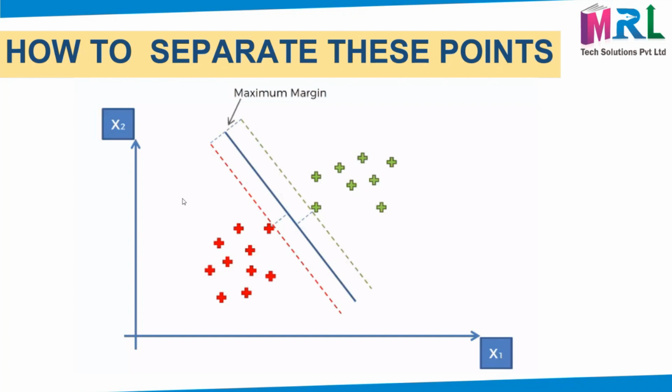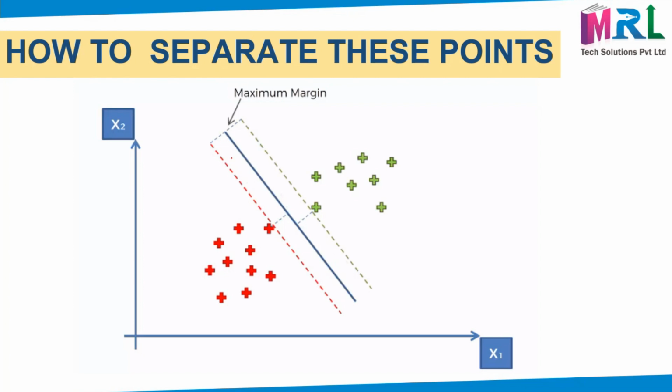If you take these 2 points, the margin is not maximum. If you take these 2 points for classifying, if you want to draw a line over here like this, imagine these two are green. So we cannot do like that because this is the data set, right?